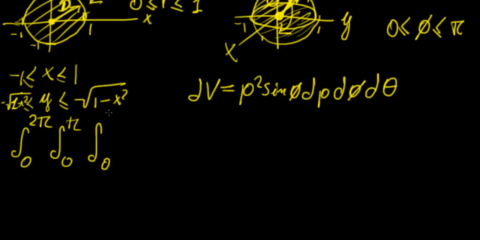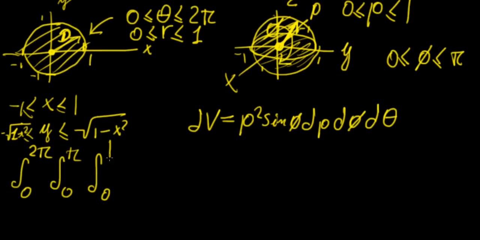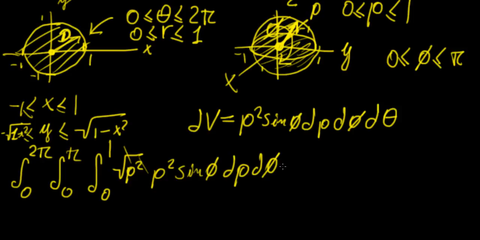And then rho, 0 to 1. Now what's the function that we're integrating? It's this function here. When you relate this to spherical coordinates, you know that this is just going to be equal to the radius of the sphere squared. So this here is just going to be the square root of rho squared, which is just going to be rho. And now you multiply it by the volume element, so that's rho squared sine phi d rho d phi d theta.